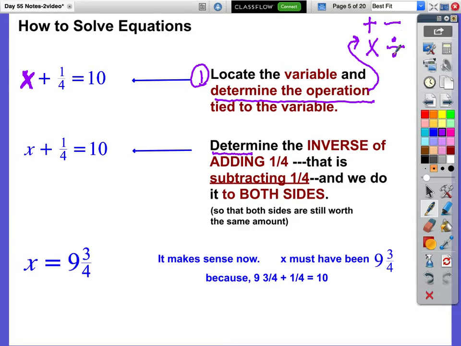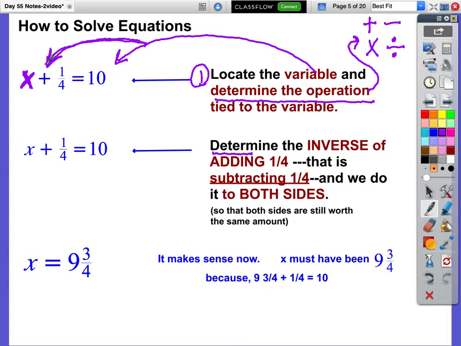So you need to look at this problem and see what type of problem this is. And you see it is an addition problem. We go to the left side of our problem, because remember, it said locate the variable and see what's happening to the variable. And the variable has something being added to it.